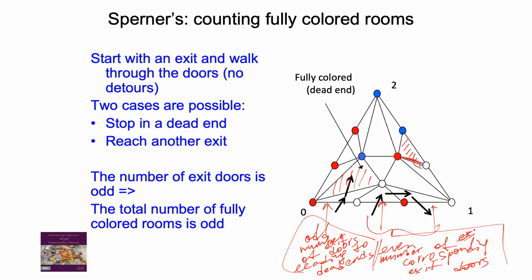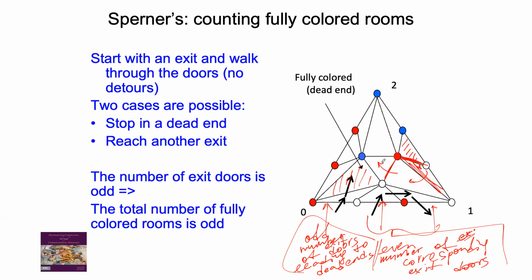I exit. I reach this room. This is not a dead end because it has this door and this door. There are two doors. This is a passage. I exit. Again, this is not a dead end, it has a passage. It has this door to enter, this door to leave.